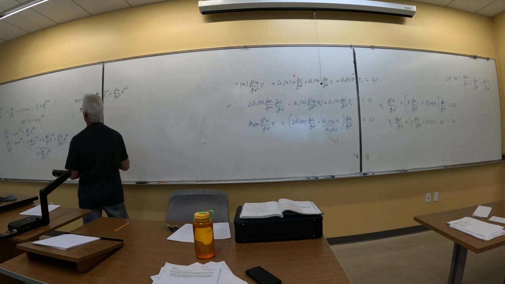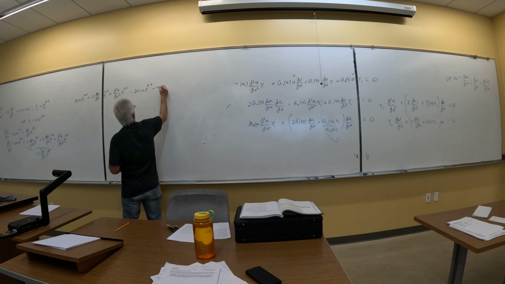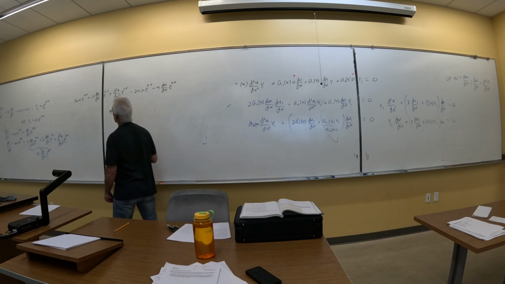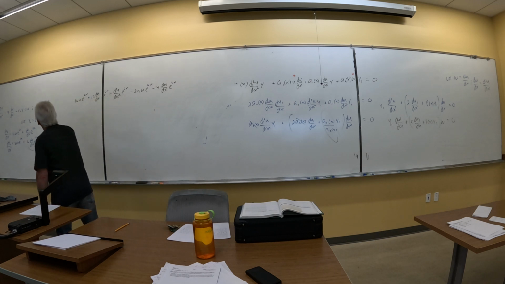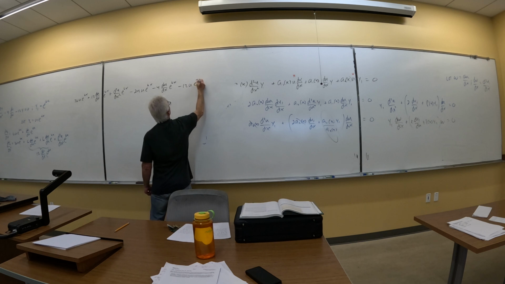And then I have minus 4 of that, so minus 24u e to the 6x minus 4 du dx e to the 6x. And now minus 12 of the original thing, so minus 12u e to the 6x, and this whole thing is still supposed to be 0.